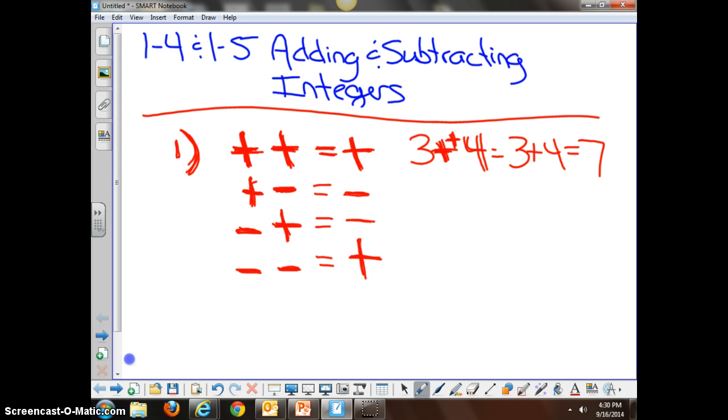We don't want positive or good things happening to bad people. An example of that would be 3 plus negative 4. That is really saying 3 minus 4, because a positive combined with a negative automatically gives you a negative. And that's going to end up being the answer, which is irrelevant here, negative 1.